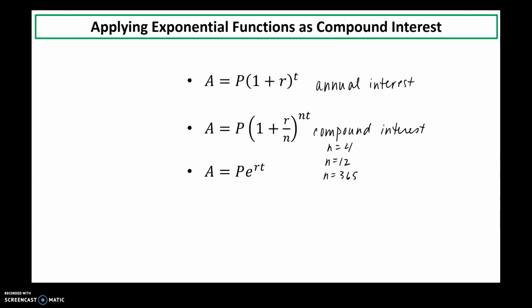You guys spent a lot of time with those. And the Pert formula is when we earn interest compounded continuously. That's our key word there. On the compound interest, notice the number of times that we earn interest has to be included in our exponent as well.